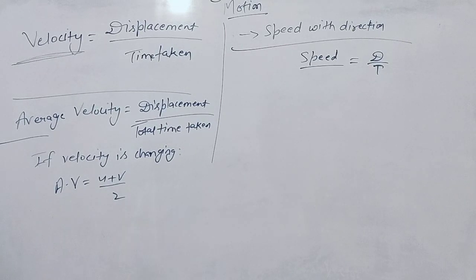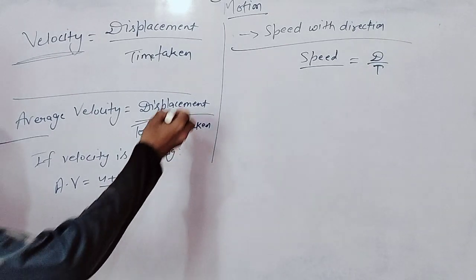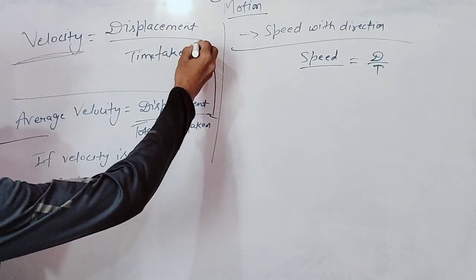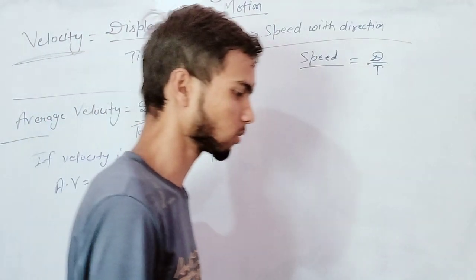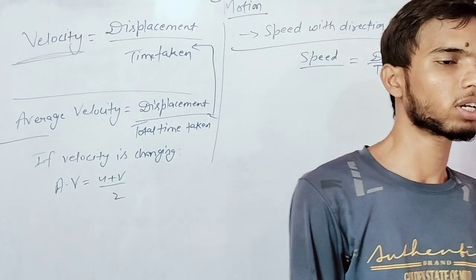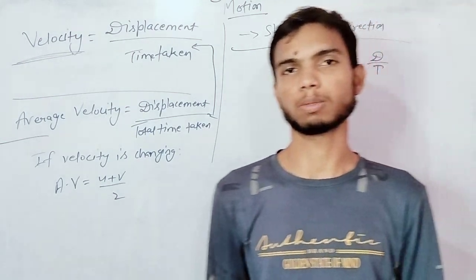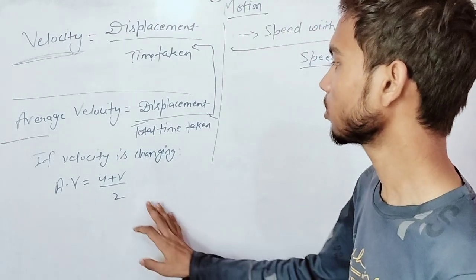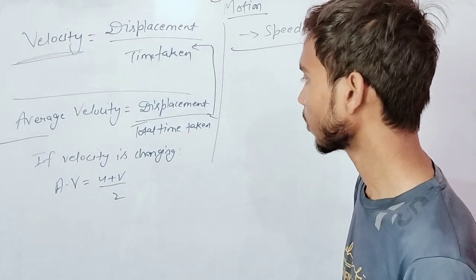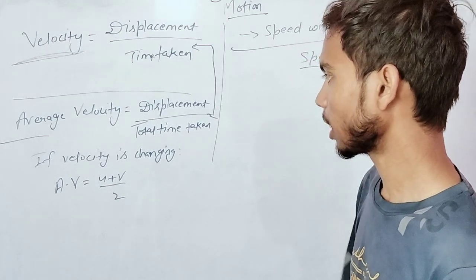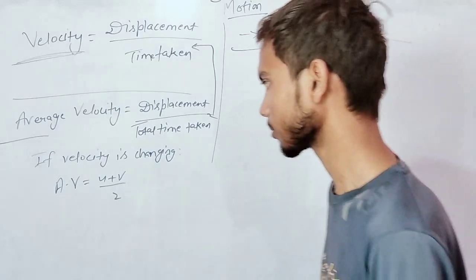It seems both equal, but what's the difference? We will take displacement as u plus v upon 2, where u is the initial speed and v is the final speed. Clear? Upon 2. And here we will add total time taken.